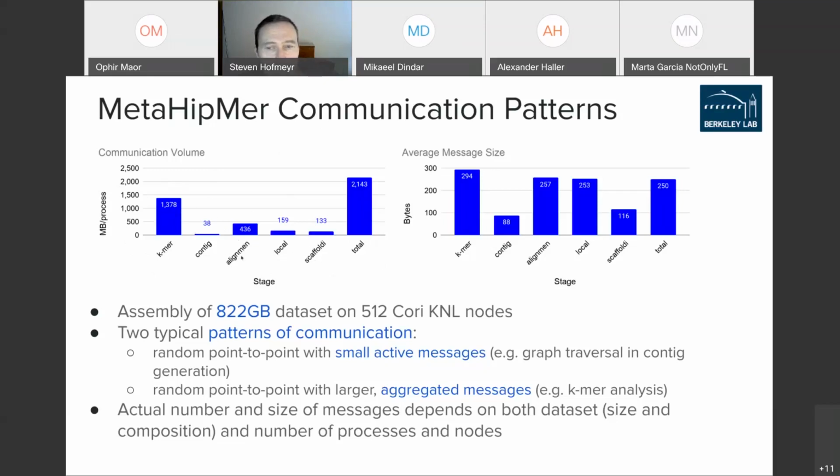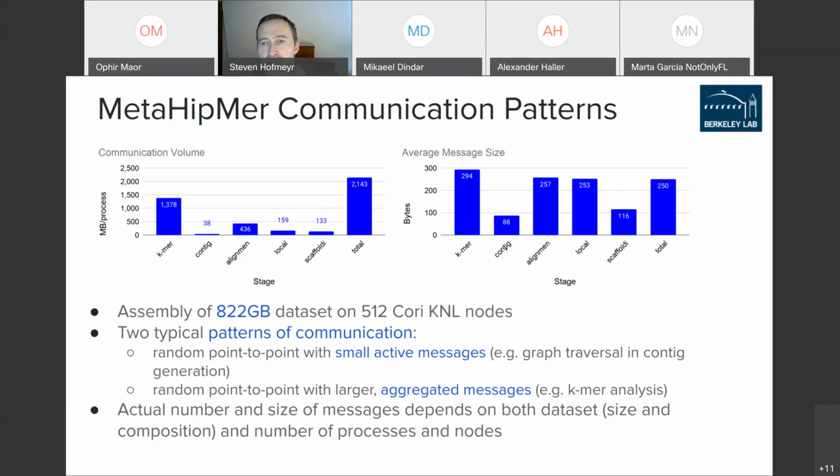Alignment is quite high. But what this communication volume plot hides is the fact that very different message sizes are used in the different stages. What we're showing here is the average message size on the y-axis, and once again the stage.